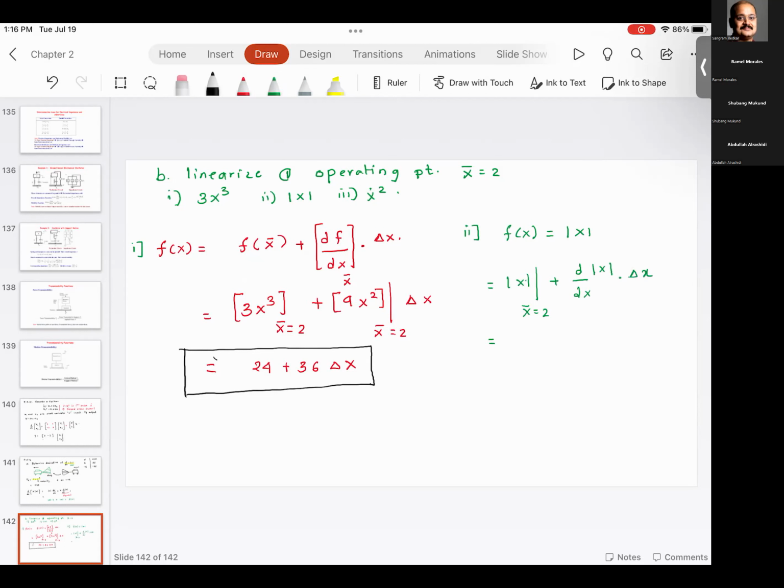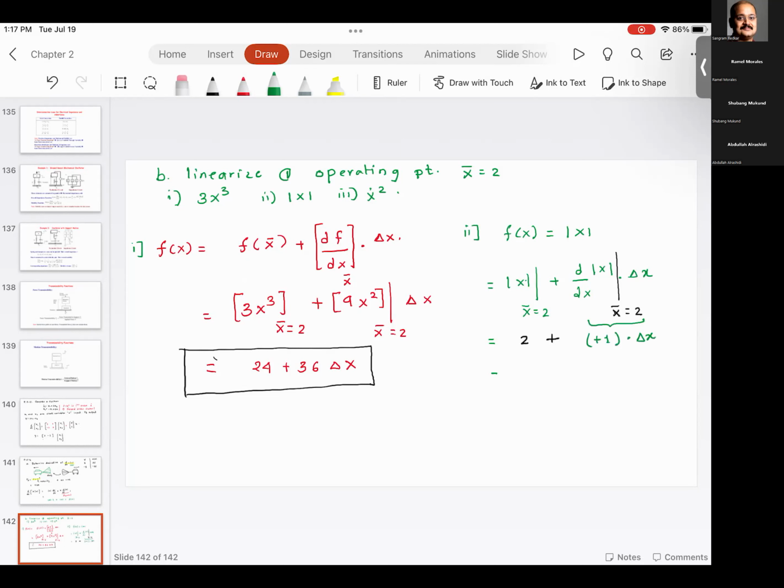The derivative is going to be the sign at x equal to 2, not the magnitude of 2, and the sign is positive 1, multiplied by delta x.